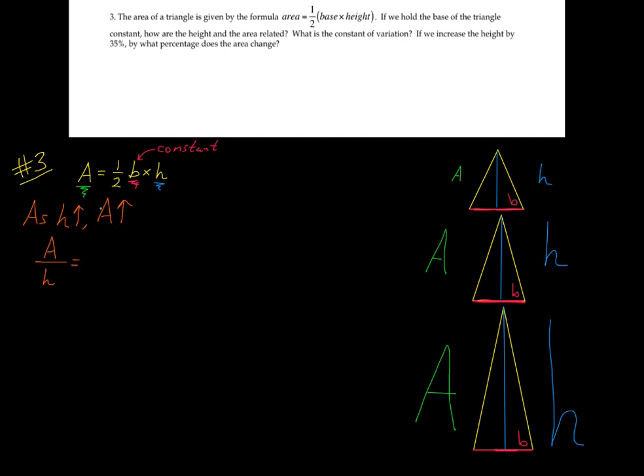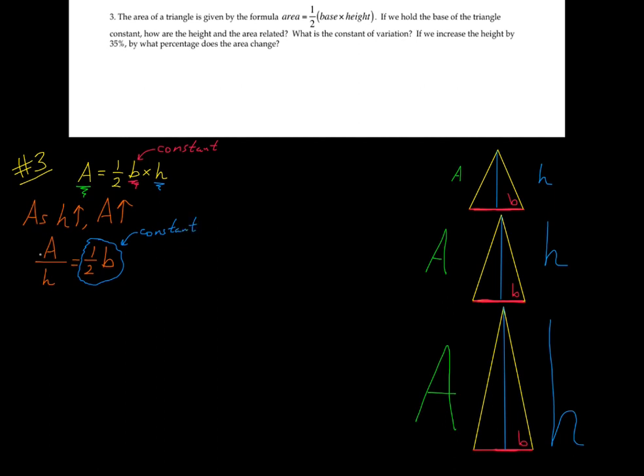Here I'm just dividing the h over, so that's going to leave me with 1/2 times the base on the right hand side. And since the base is constant, say 10 centimeters, then 1/2 the base is also going to be constant, say 5 centimeters.